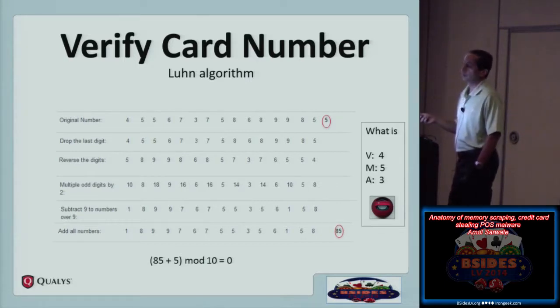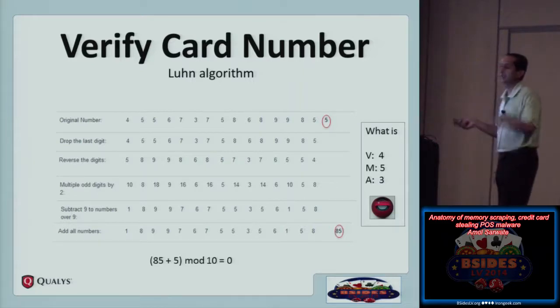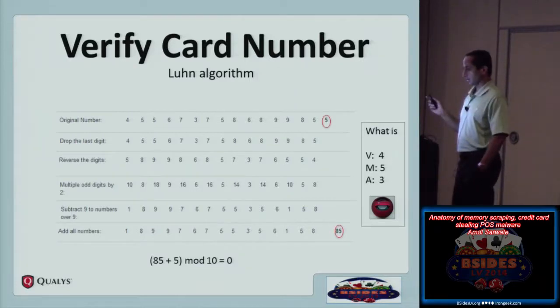And that's what you would do: once you find these regular expressions starting with caret, ending with this, you extract the number, make sure all the digits are numeric, and then you apply this algorithm. If the mod 10 is 0, then yes, you have a valid credit card number. And again, this algorithm is very simple.